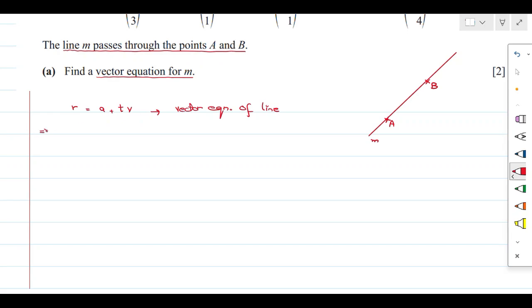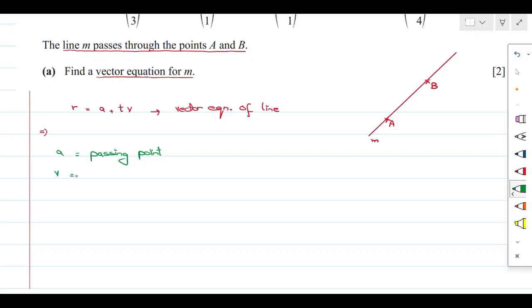So what a is, so here we can say a is the passing point. So the line passes through the point A or B, so you can take a as a point A or a point B, right?